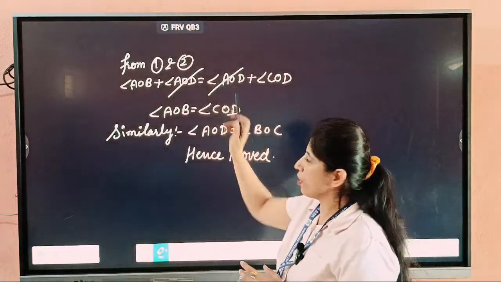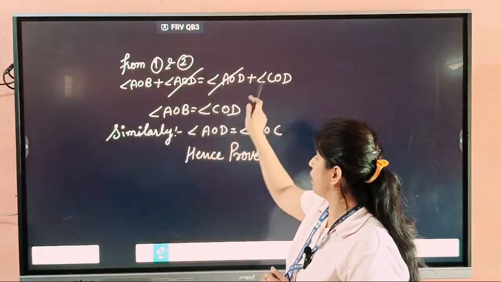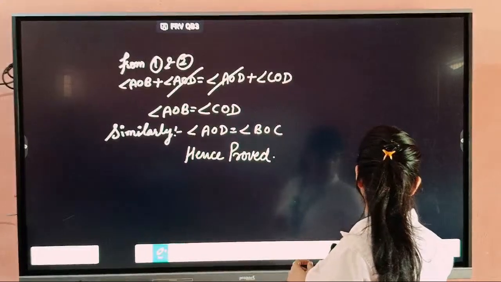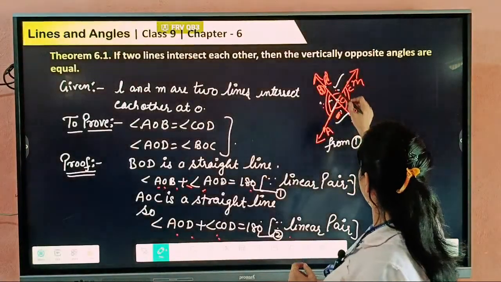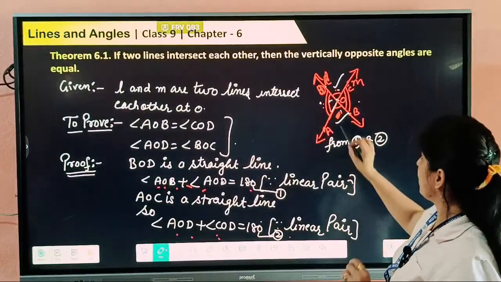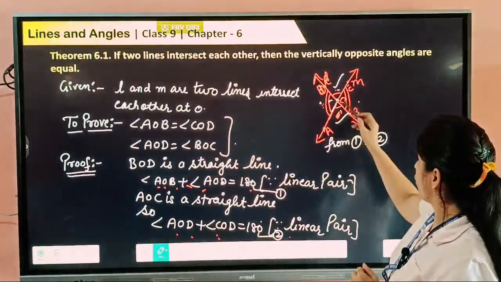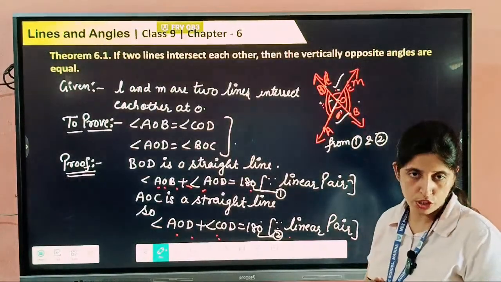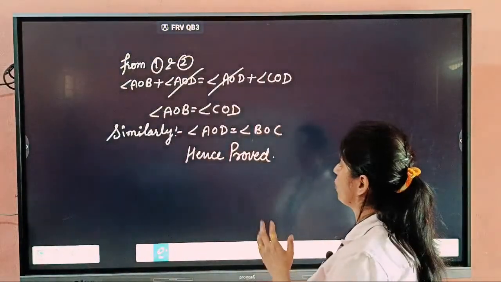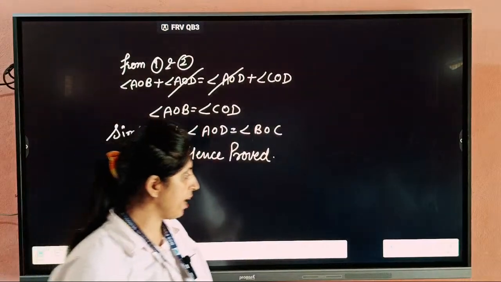So AOD and AOD will cancel from both sides. What will be left? Angle AOB equal to angle COD. So we have proved these two angles equal. Similarly, we can prove this angle and this angle are also equal, means AOD equal to BOC. So hence proved that vertically opposite angles are equal if two lines intersect, right?